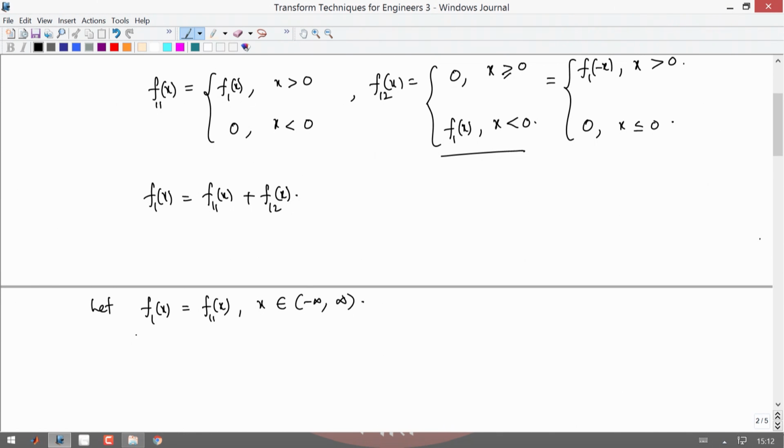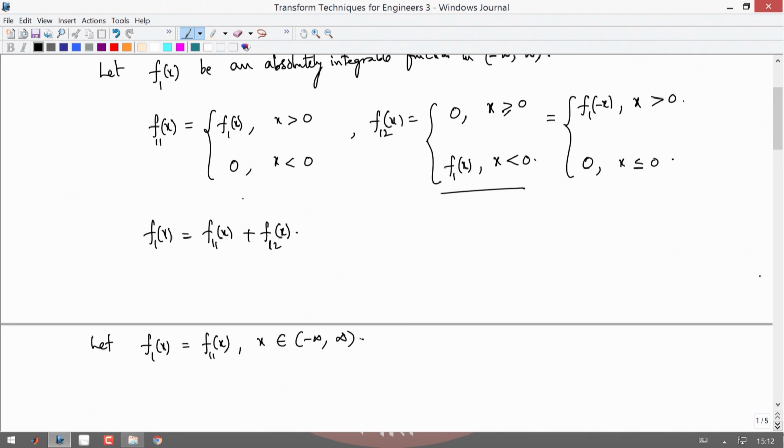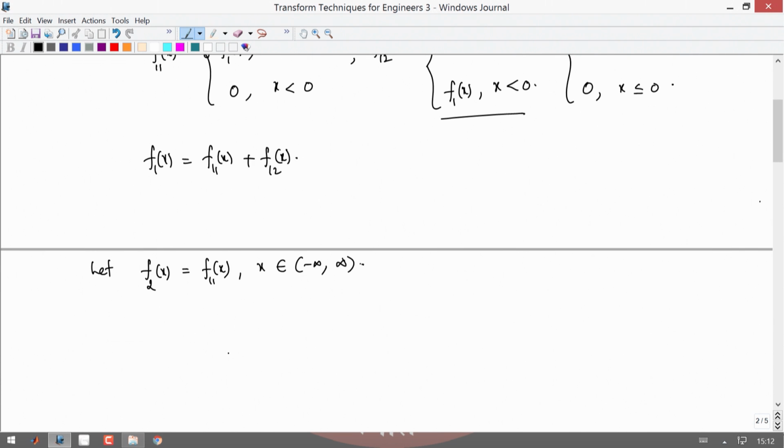I consider only one typical function, and you can do the same for the other one. Since the function f1 is absolutely integrable, let us call this f2. f2 of x is also absolutely integrable in minus infinity to infinity.